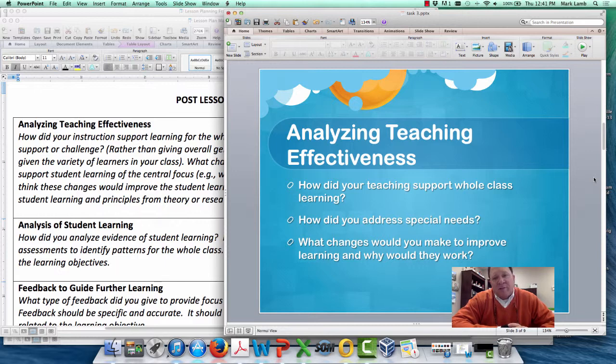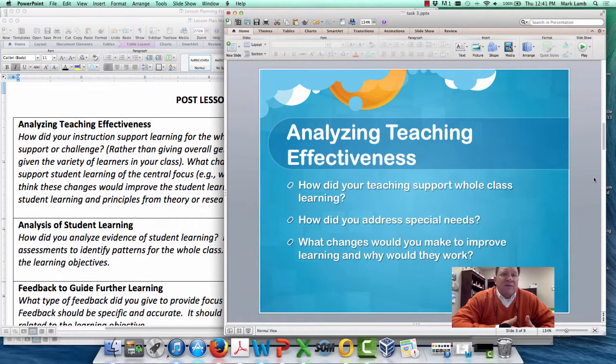Use your student work samples to demonstrate this. And remember that this section is not about how well your lesson went or how effective your lesson was. This section is about how well you are able to analyze the effectiveness of your lesson.